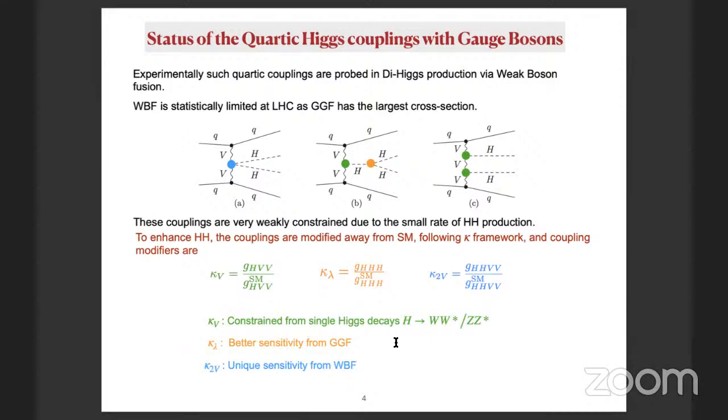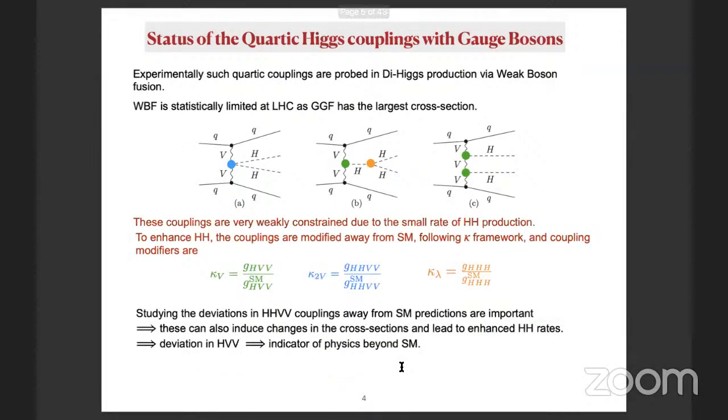Kappa lambda has better sensitivity from gluon-gluon fusion, and therefore it only leaves kappa 2V as the only parameter which has unique sensitivity coming from vector boson fusion. Studying these deviations is very important as they can induce changes in the cross section. They can increase the di-Higgs production rates, and deviations of these will also lead to deviations in single Higgs interactions with the gauge bosons, that is HVV, which can also point us to an indicator of new physics.